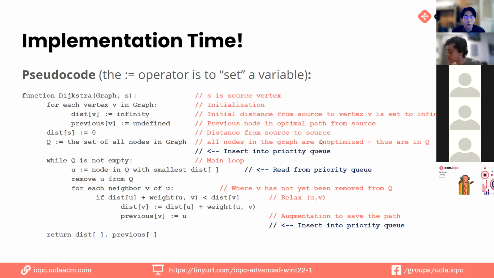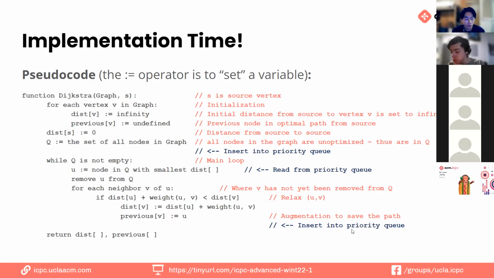Where we want to insert the priority queue is right here. We want to define the priority queue before we enter the main loop. And instead of searching for the node with the smallest distance, we're going to read from the priority queue instead. And then in this relaxation part, we're going to insert into the priority queue every time something is relaxed.